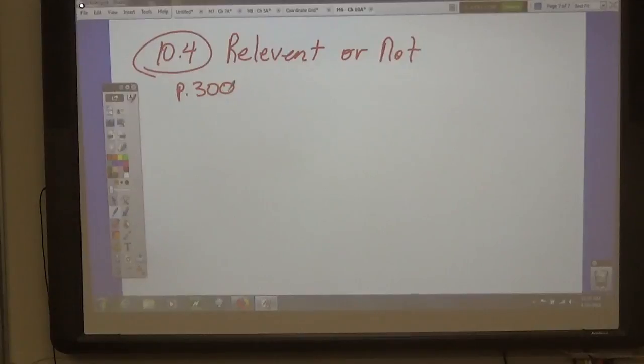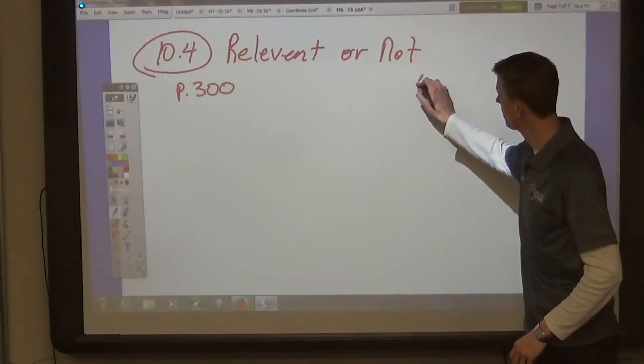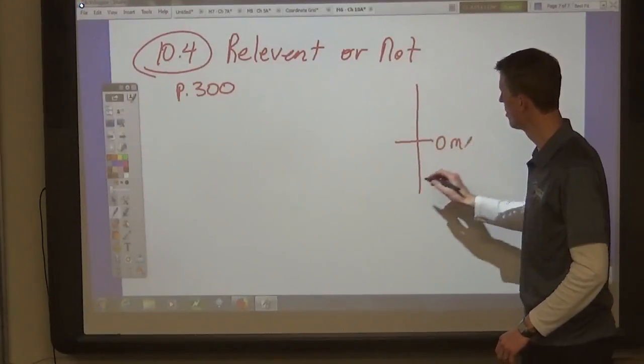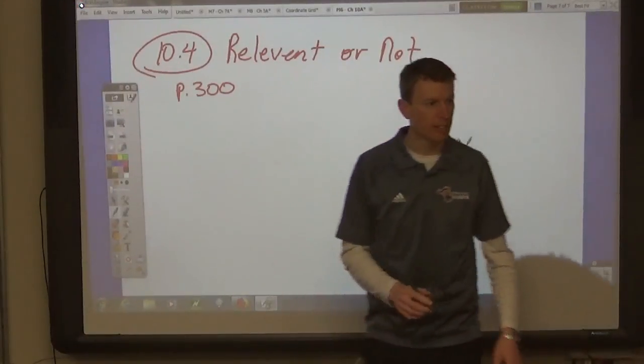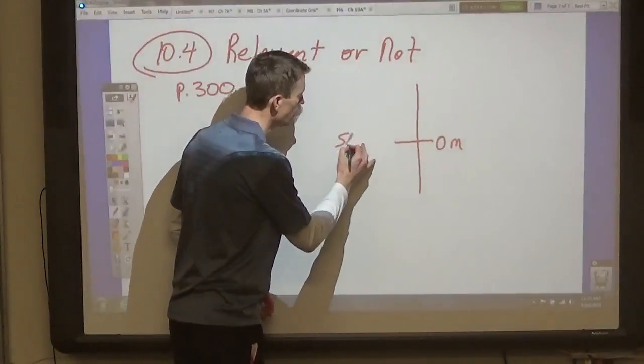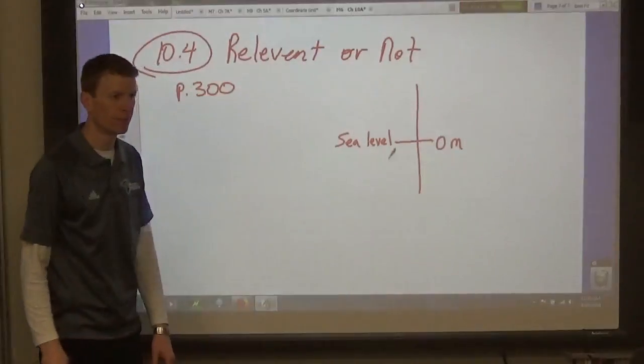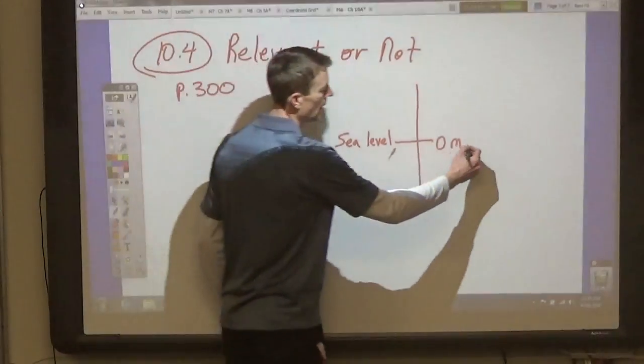That number is 0 meters, or on a number line it would look like this. 0 meters, and this is considered sea level. So it's the level of the ocean.